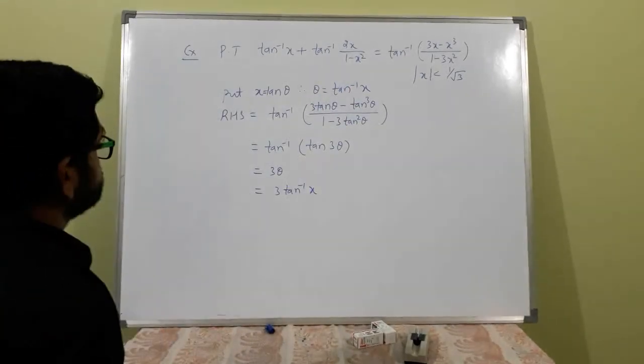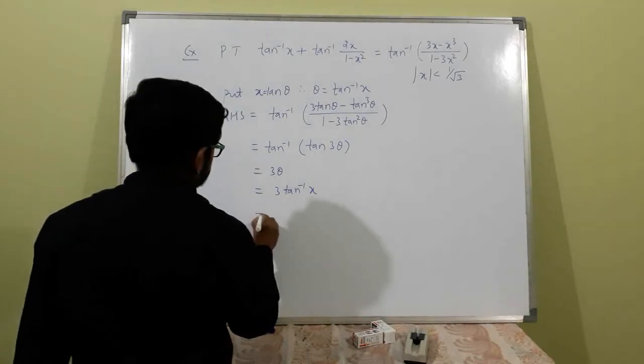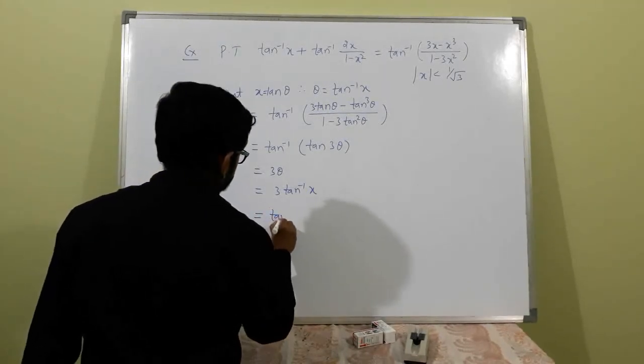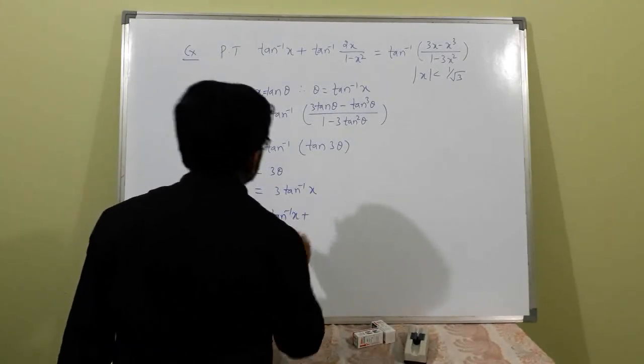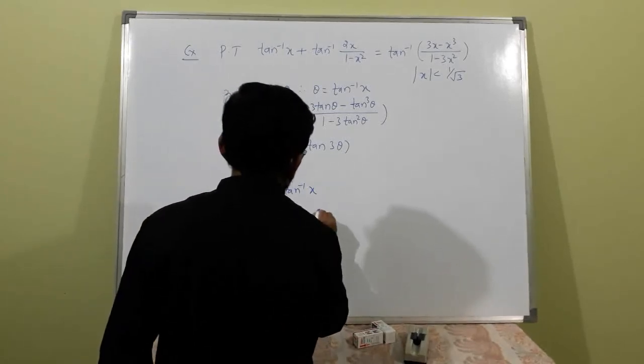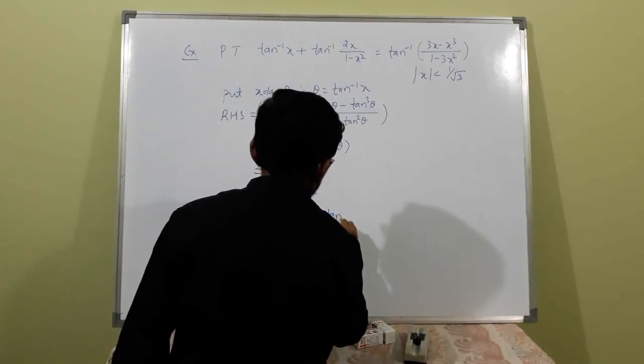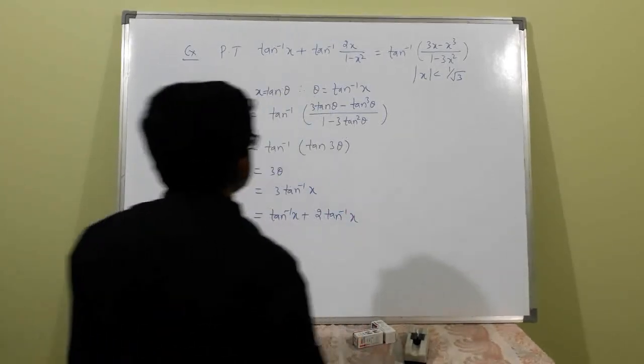Now this can be written as tan inverse x plus 2 tan inverse x.